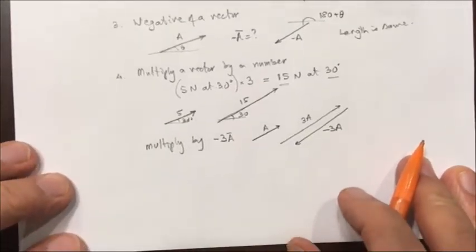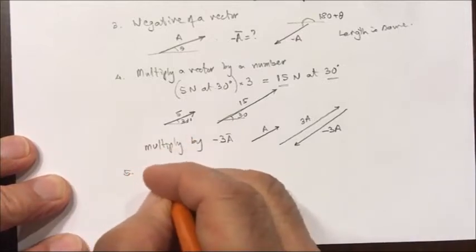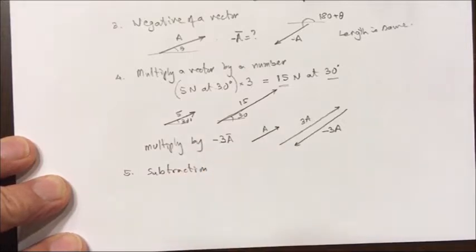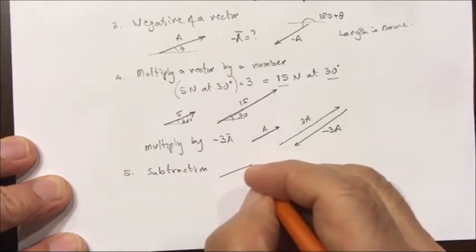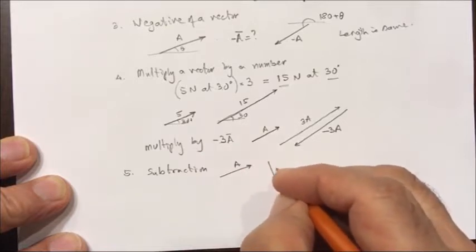Now we go to the last thing, which is subtraction. So we will subtract one vector from another. So let's suppose our vector A is like this, and our vector B is like this.